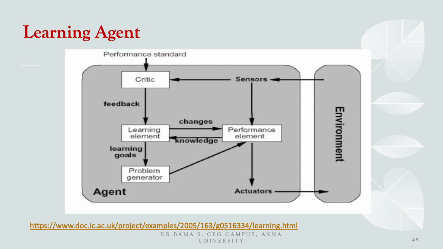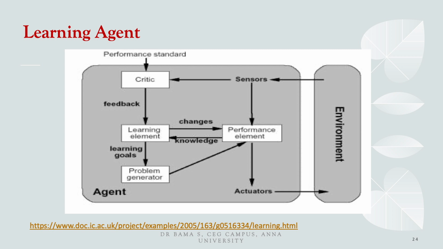Okay. The last type of agent is the learning agent, where on the left side you could see the critic, and we have set some standards already. This is slightly modified from the previous diagrams, where we set some standards as a performance standard, and there is a critic at each stage who would say something about that, and that critic would give feedback.